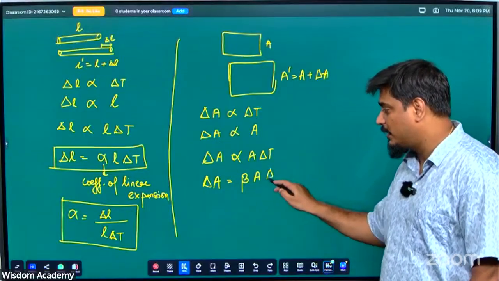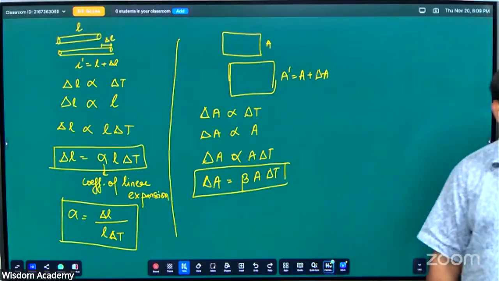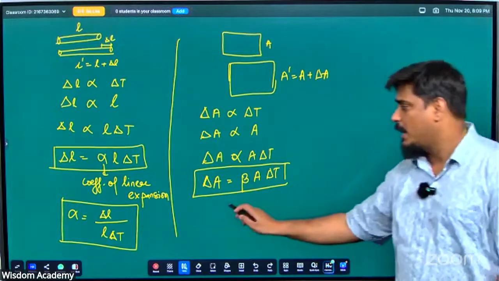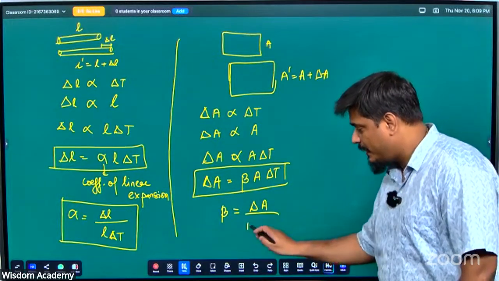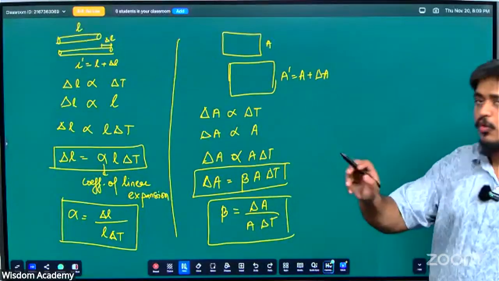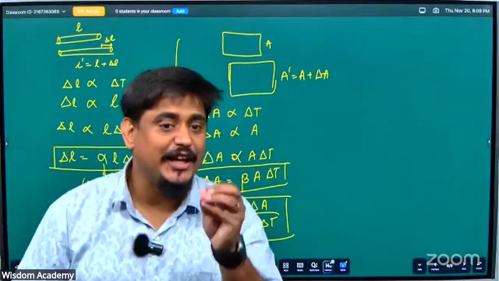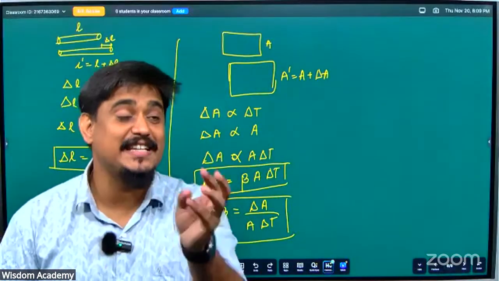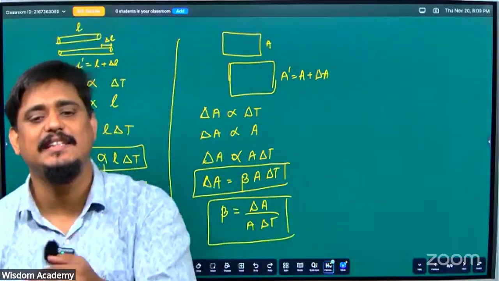Beta is called the coefficient of superficial or areal expansion. And the formula of beta is delta A by A delta T. So how do you define it theoretically? Coefficient of superficial expansion is defined as change in area per unit original area per degree rise in temperature.